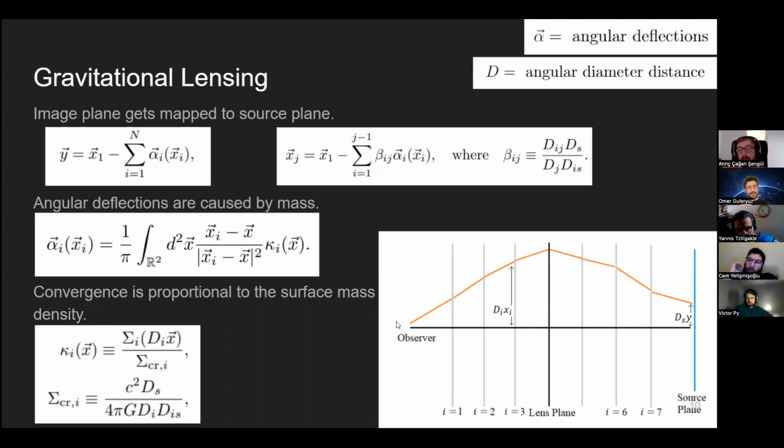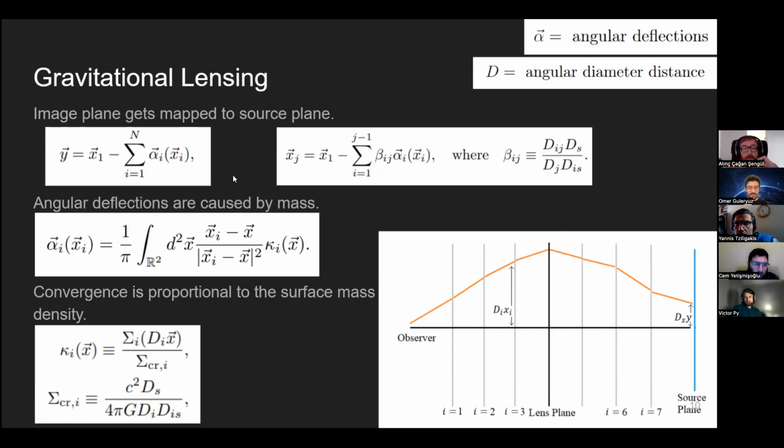So this x1 is the angular coordinate in the sky of a position that you observe. And these alpha i are all the angular deflections caused by these lens planes that are doing the bending. There's a recursive lensing equation that tells you what the position is in each plane. And you can solve these systems of equations, which we do numerically.